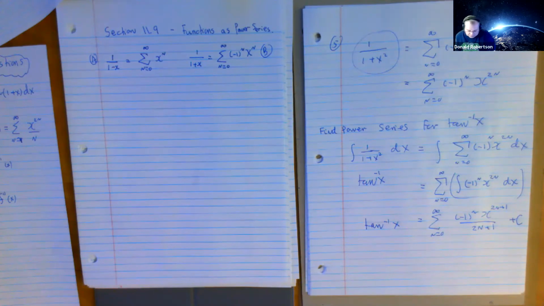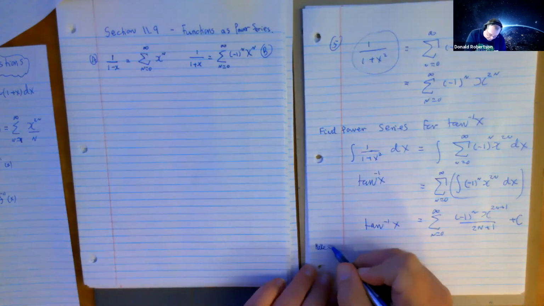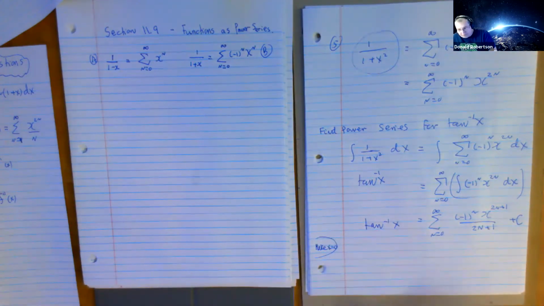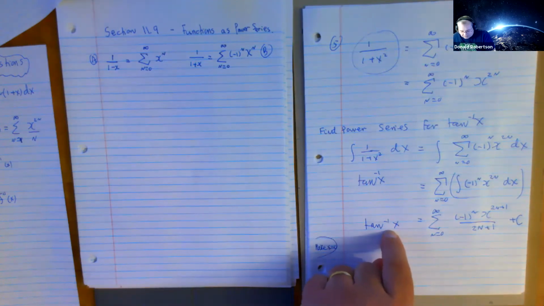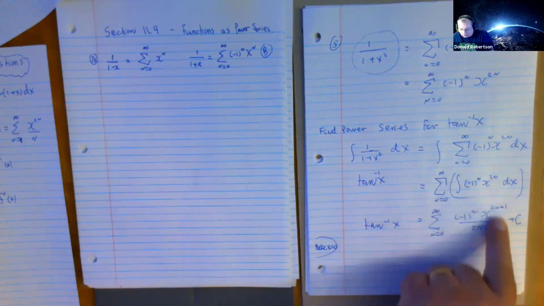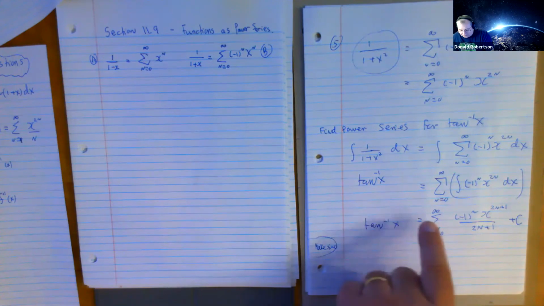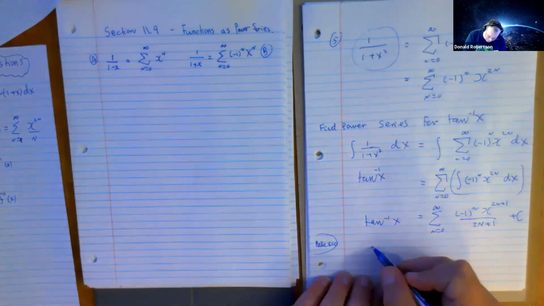The typical way to find c is to make x equal 0. If this is true for every value of x, that means it's true when x is 0. And the inverse tan of 0 is 0. All these terms are going to be 0. 0 equals 0 plus c. Oh, c ends up being 0.